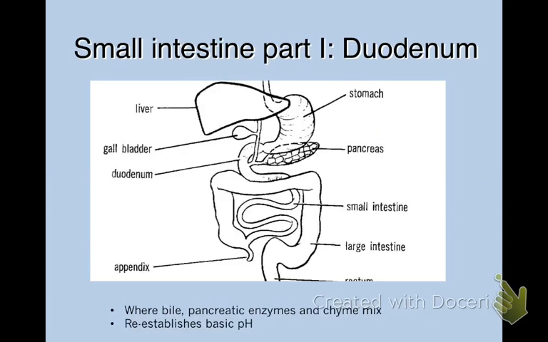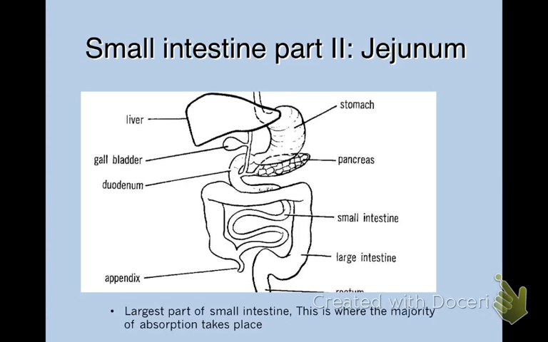The chyme from the stomach mixes with the basic juices and enzymes from the pancreas to reestablish a basic pH, because you're going to release all these enzymes, so you don't want them to be denatured by the acid from the stomach. And then you're going to get bile from the gallbladder. So the duodenum is basically the intersection.